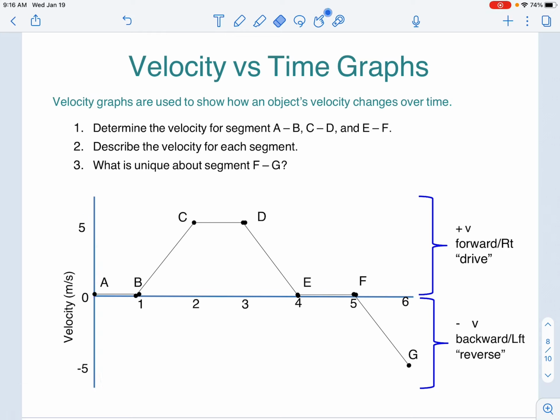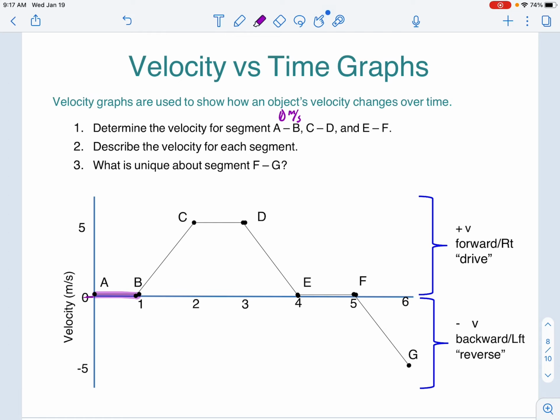So when we are being asked in this first question to determine the velocity for segment AB, that should be a really simple question. We are simply going to find segment AB and look to the y-axis, and we're going to see that we have a velocity of 0 meters per second, simply because that is the value at that point.